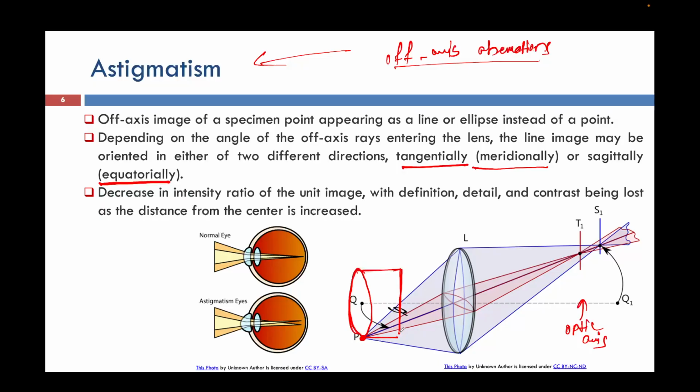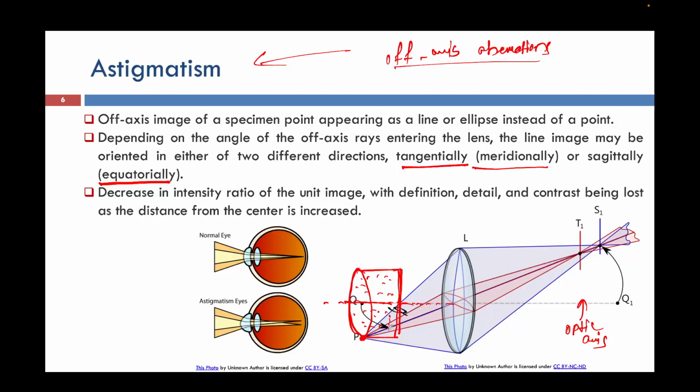So off axis aberrations means my on axis, let's say it will give correct image on this point, the point which is passing through the center of these things. But all these points where I am putting my dots right now, they are not on the optic axis.